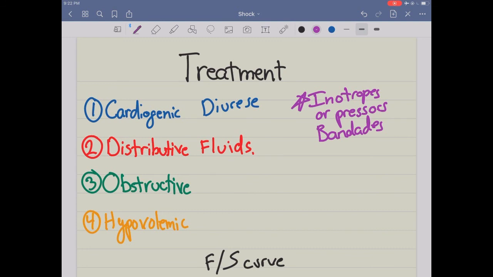A lot of times you'll see on the wards that, hey, I'm going to give this guy some Levophed and their blood pressure will go up, and that's all they do. They don't really get to the treatment options. These are band-aids that are there to buy you time, whereas diuresing or giving fluids will really treat these patients.